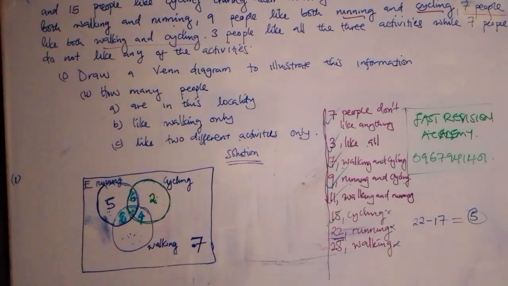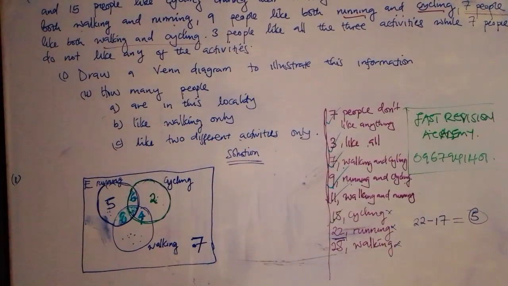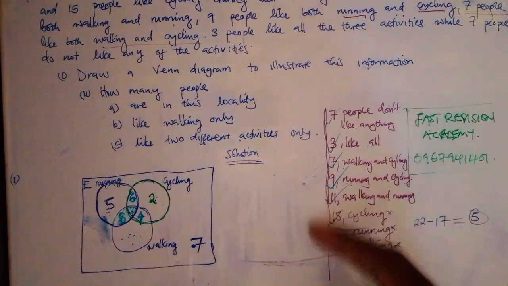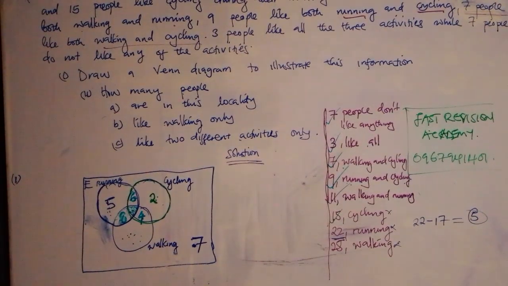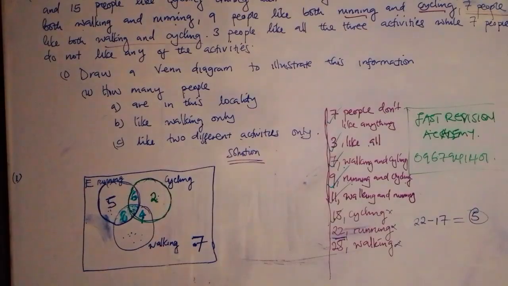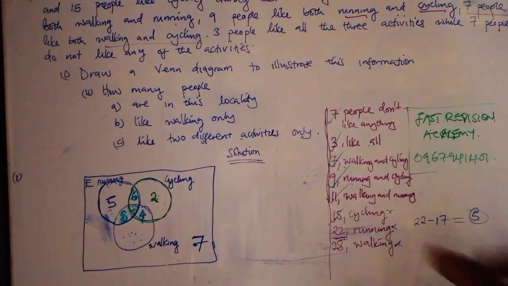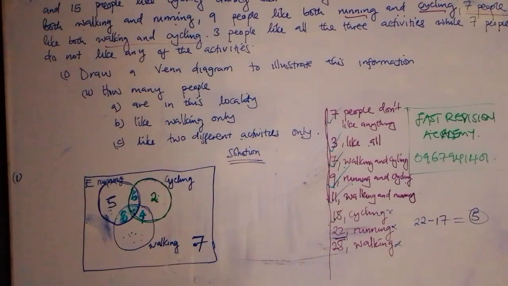All these others liked running and other sports. But this number, they are saying all those that liked running, how many were they? They were 22 altogether. Then moving on to our final part, those who liked walking.